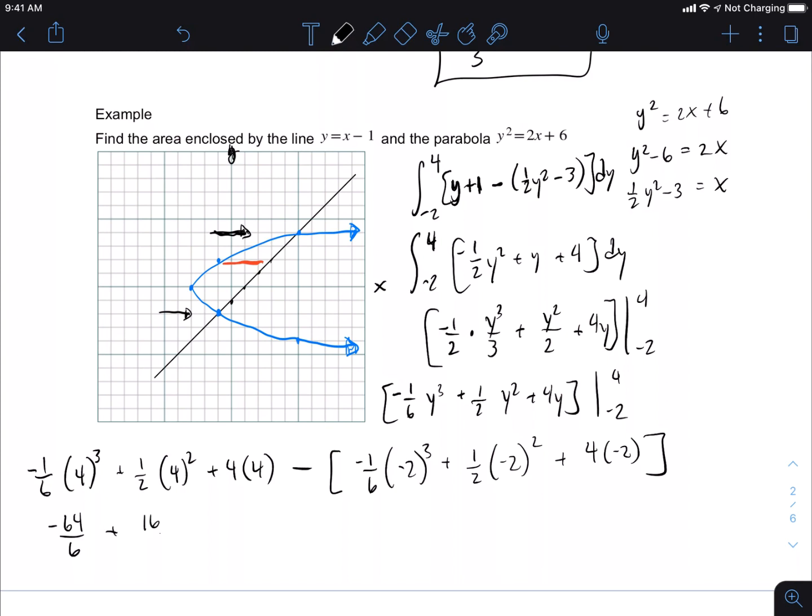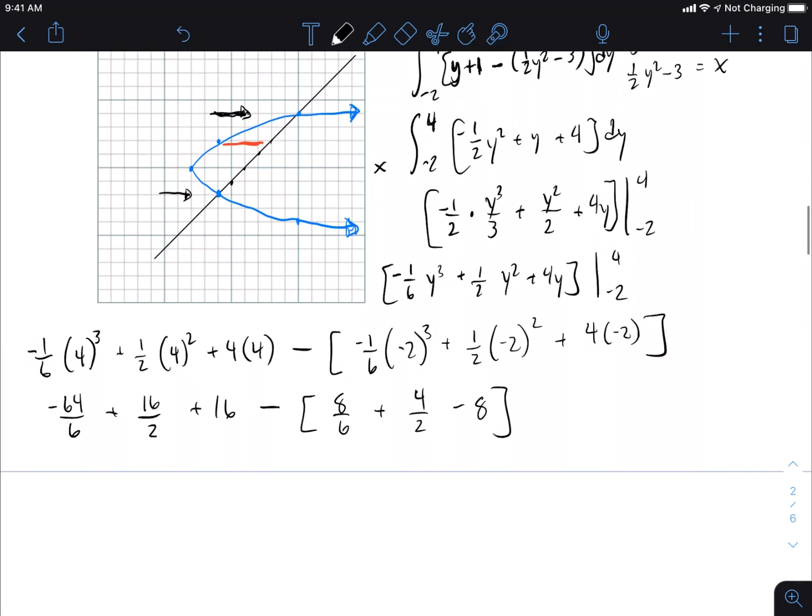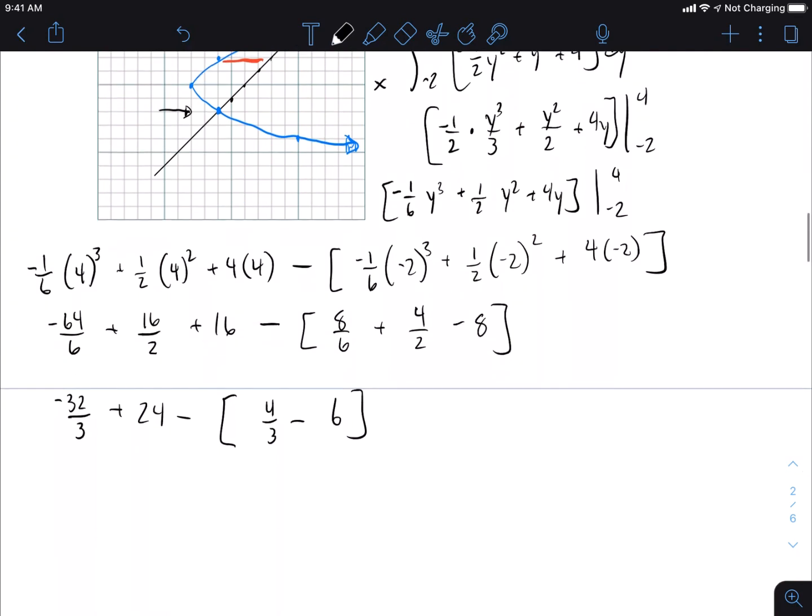Oh, I think I messed up on the signs, though. Do we agree? I still get 6. I don't know what I'm doing wrong.